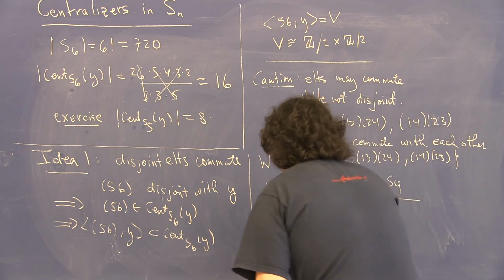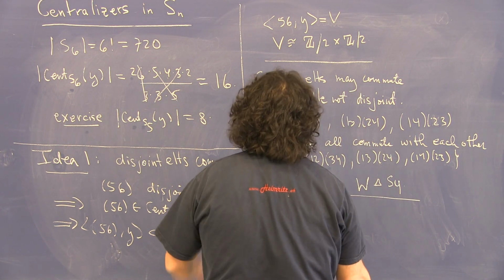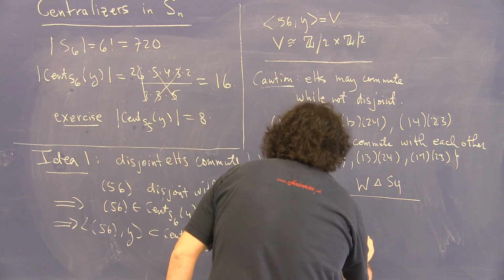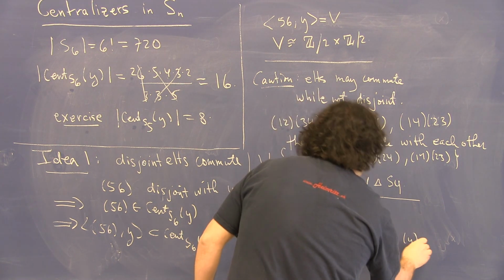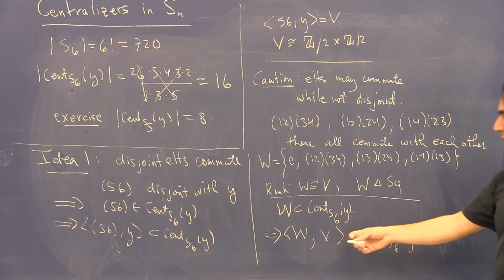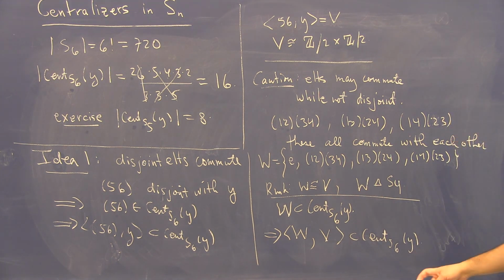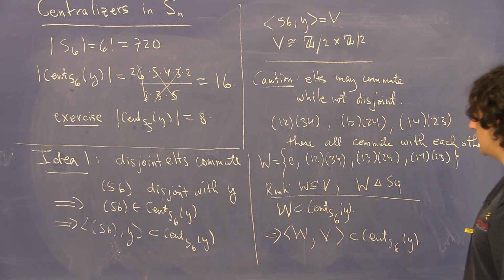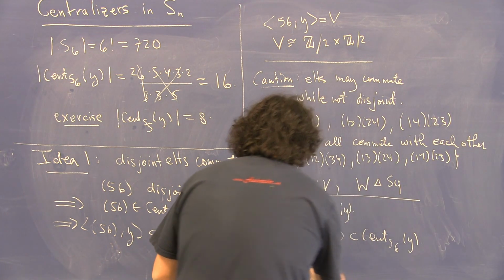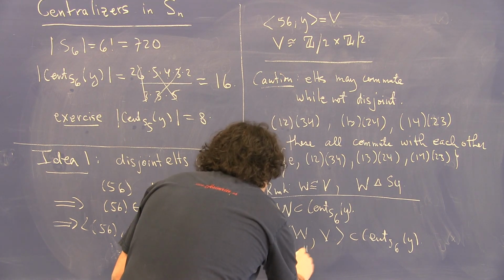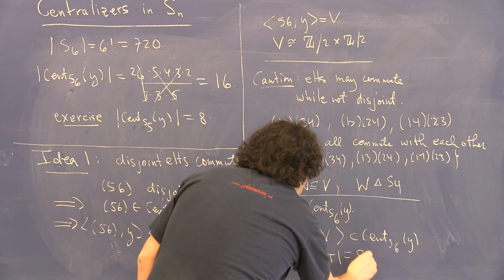Okay, so that implies that the subgroup generated by W and by V is all in the centralizer. They each have order 4. We have to be careful here. We can't just say 4 and 4, so they generate a subgroup of order 16, because in fact they have an intersection. For example, the element y is in their intersection. This group, let's call it T. The order of T is 8.